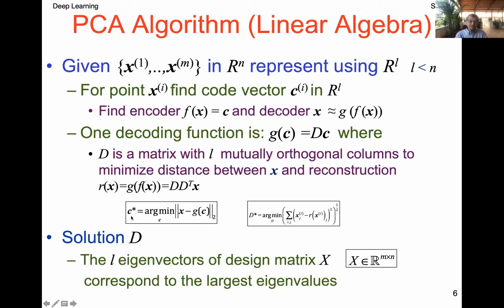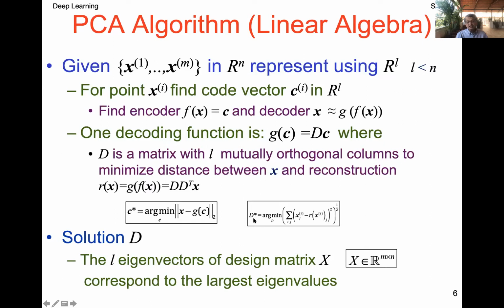So we can say c star, the ideal coding, is one that minimizes the difference between X and its reconstruction. So the coding should be such that the reconstruction should be as close to the original as possible. That's what this argmin over all possible c's is, this c star. And what is the D star?